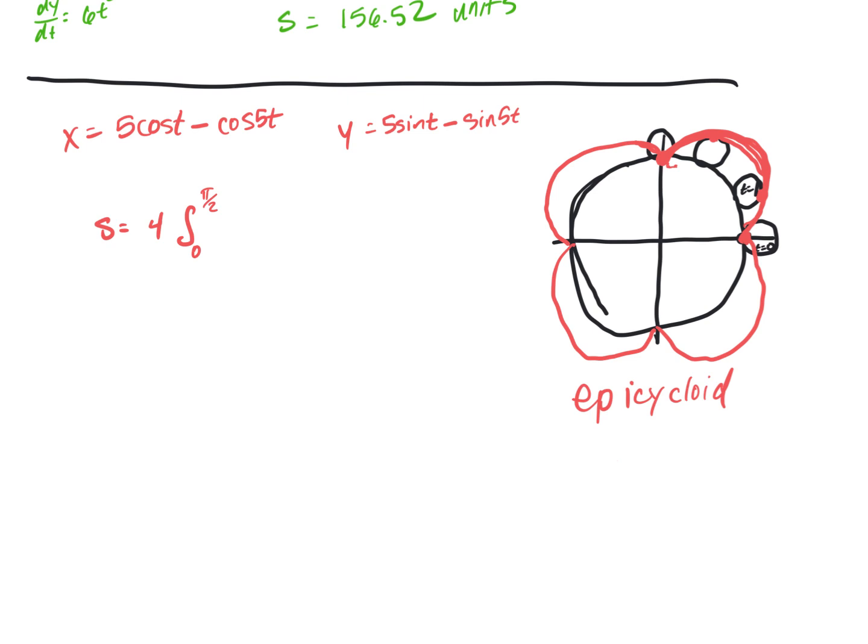And then we would have our square root. What am I filling in for dx/dt? Negative 5 sine t plus 5 sine 5t. Yeah, okay.